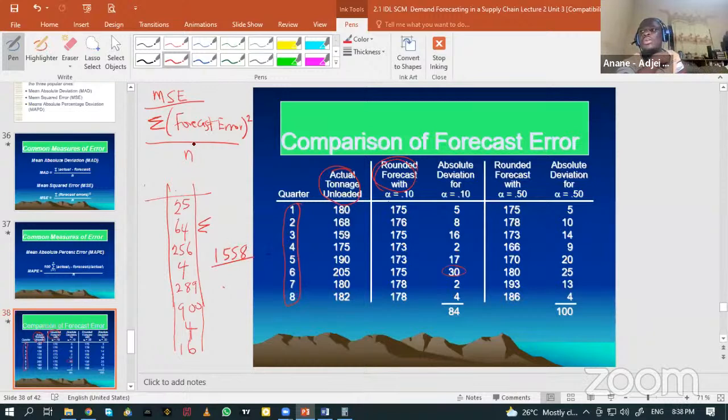All over n, don't forget, n is the number of periods, and we know our number of periods to be 8. So 1558 divided by 8. What is our figure? 194.75. Yeah, that is our MSE.